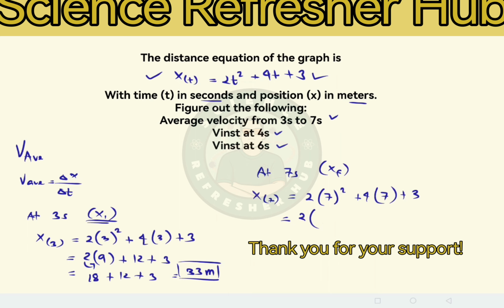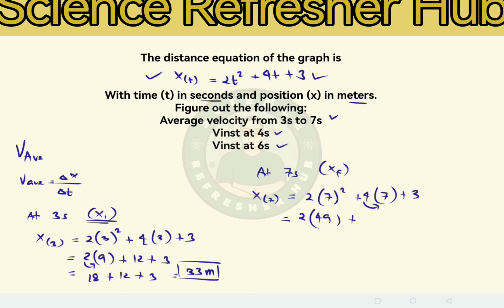Again, before you multiply it by 2, get the square of 7, which is 49, plus 7 times 4, 28, and then plus 3. 2 times 49 is 98, plus 28 plus 3, we get 129. Don't forget the unit, meters.